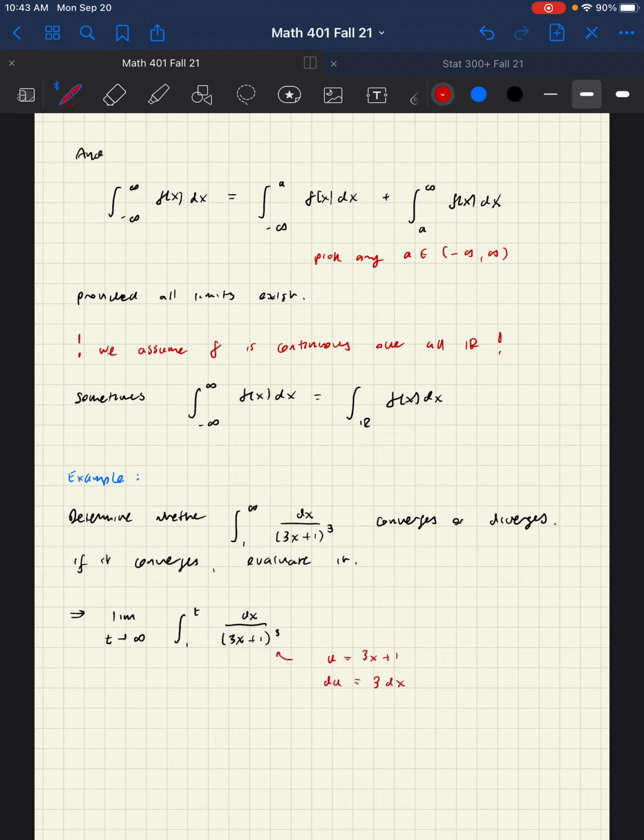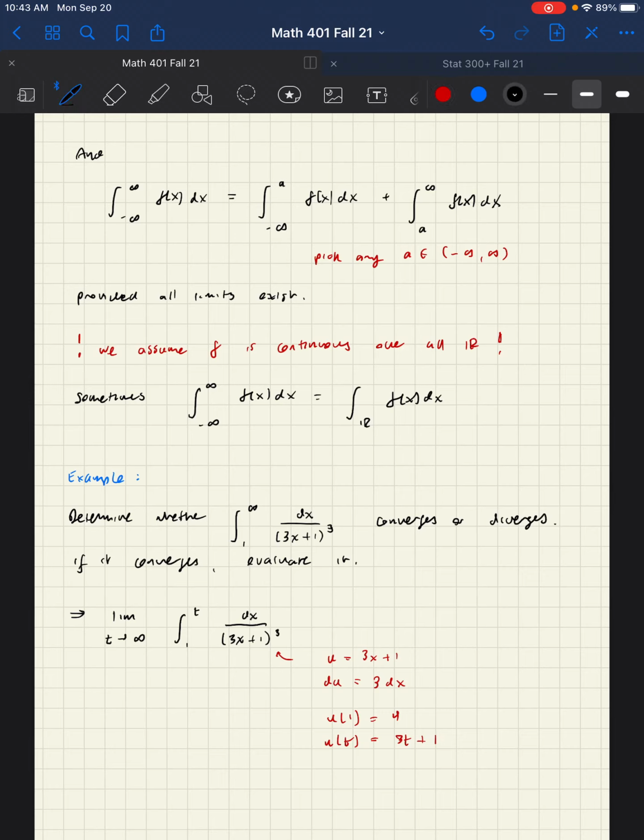So here we're going to need to do a substitution. We're going to let u equal 3x plus 1, which means du equals 3 dx. We're going to plug in a 1/3, importantly. And the limits are going to transform as well. u of 1 becomes 4, and u of t becomes 3t plus 1. One really important thing to note here: if u were not a continuous transformation of x, then there would be some weird limit things going on here.